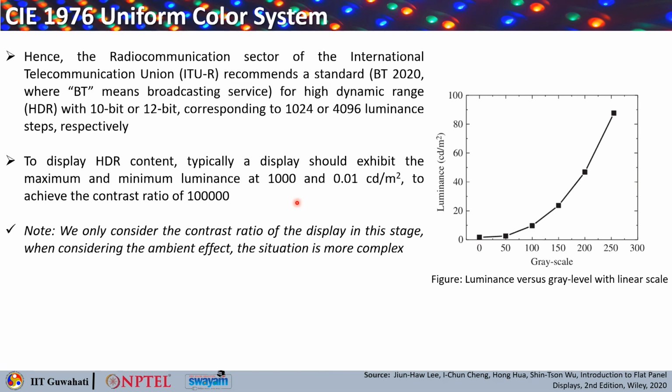When considering the ambient effect, meaning what is the ambient lighting condition and all those things, the situation will become much more complex. So we are only trying to tell you how you can differentiate between the bright and the dark in different cases. So for high dynamic range, you should go for this kind of luminance values, the maximum and the minimum limit, to get a good contrast ratio.